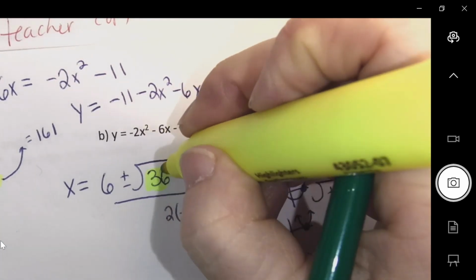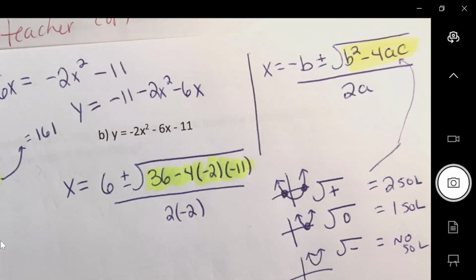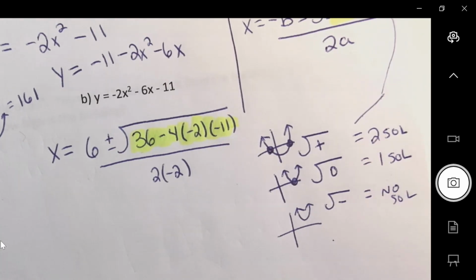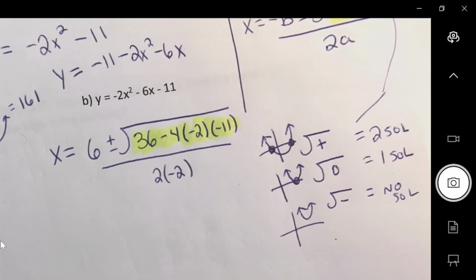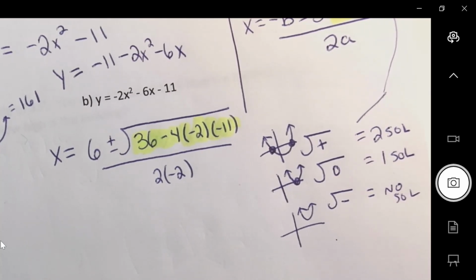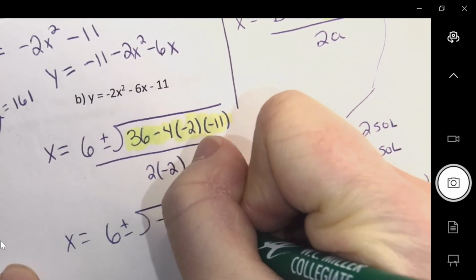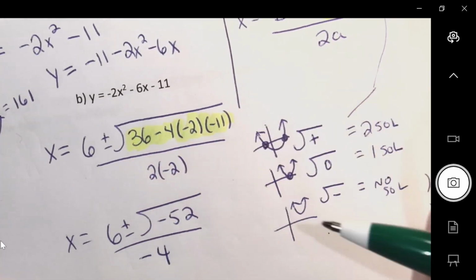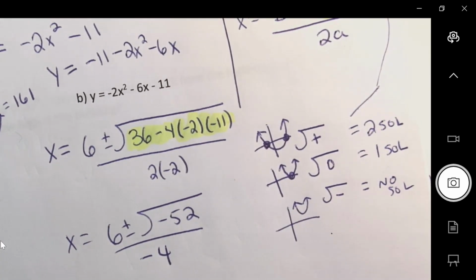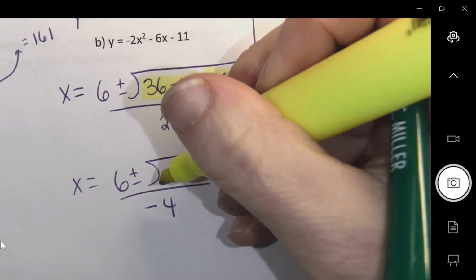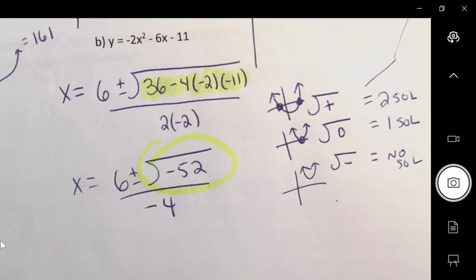Can you get me just that number? I just typed in the yellow part and I got a negative 52.